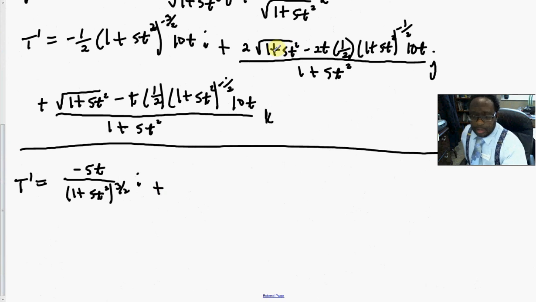Plus, let's see here, this is 2 times the square root of 1 plus 5t squared.